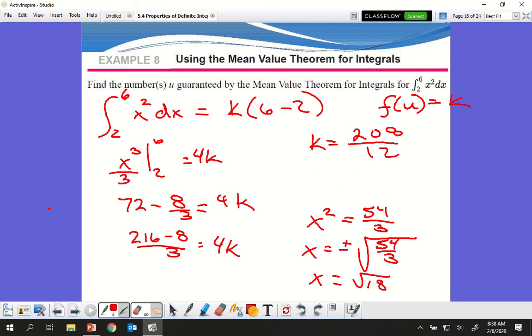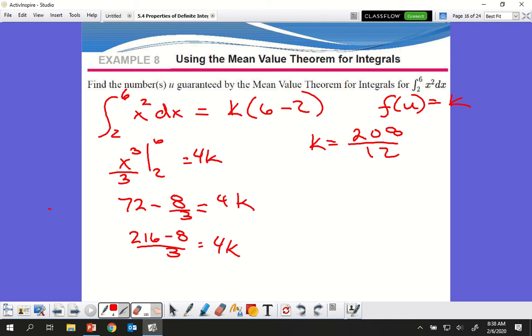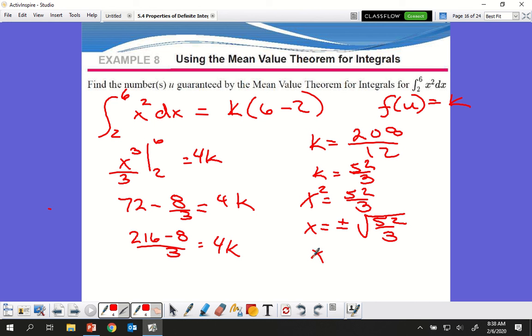So k was 52 over 3. So x squared is equal to 52 over 3. So x equals plus or minus the square root of 52 over 3. That doesn't work out evenly, so x is going to be the positive square root of 52 over 3.